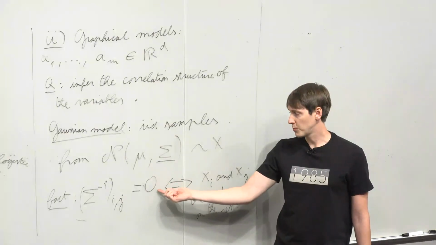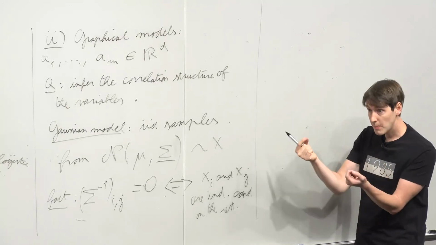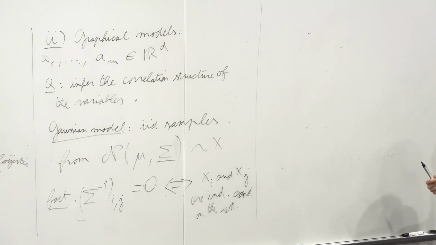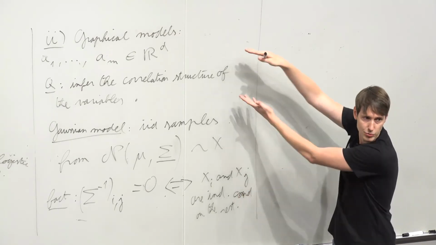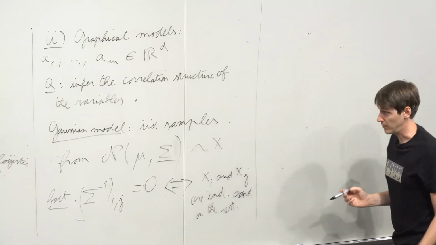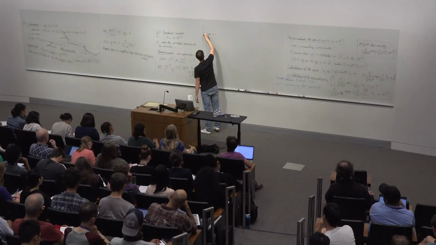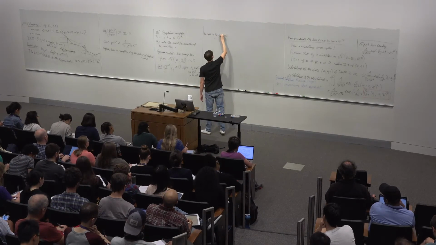If the ij-th entry of the precision matrix is 0, then that exactly means that those two variables are independent given everything else. So if you have measured everything else, there is no point in measuring i if you want to predict j. That's kind of useful to know. Let's say this is a satisfying answer to the question we started with. So our goal now is to estimate Sigma inverse.